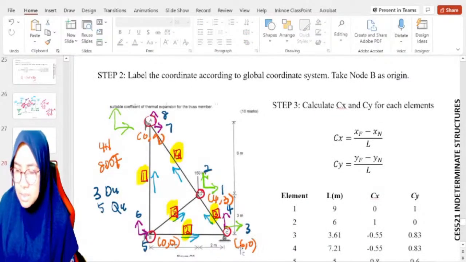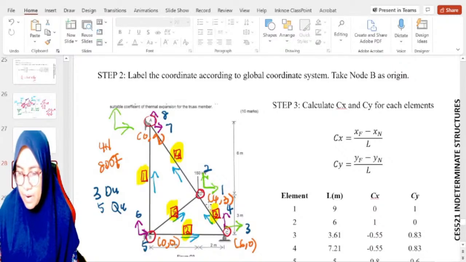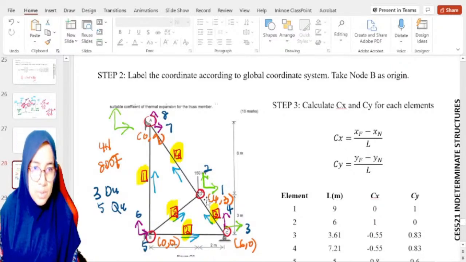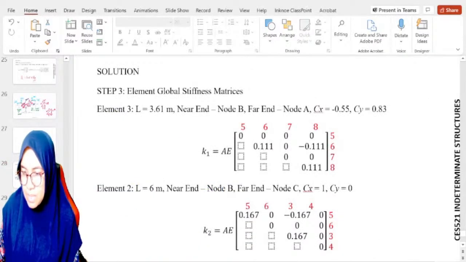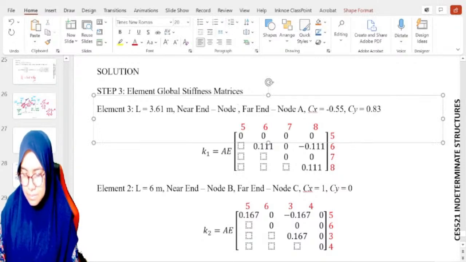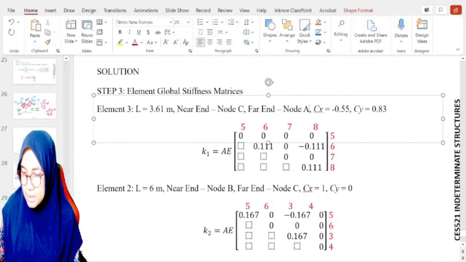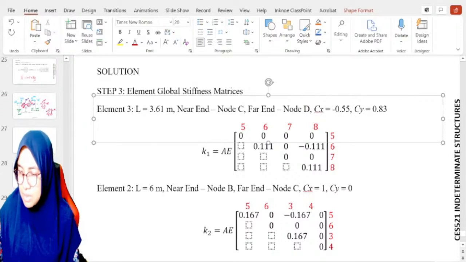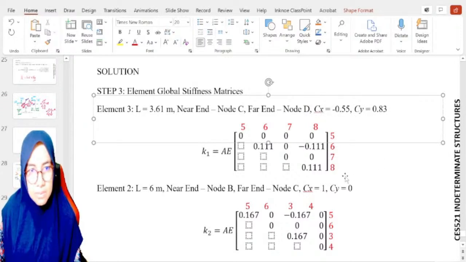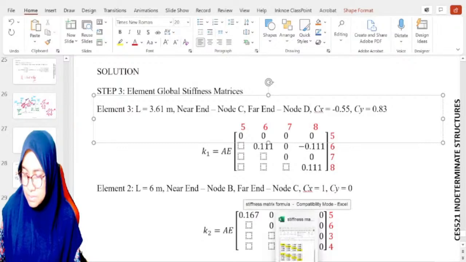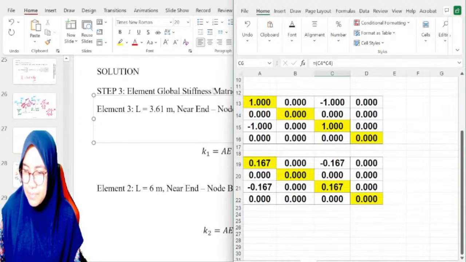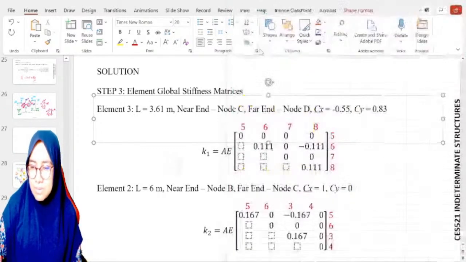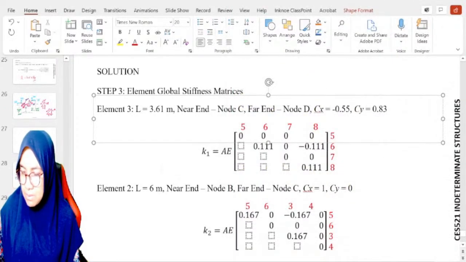The near is C, far is D. From C to D. So we will put this in this.